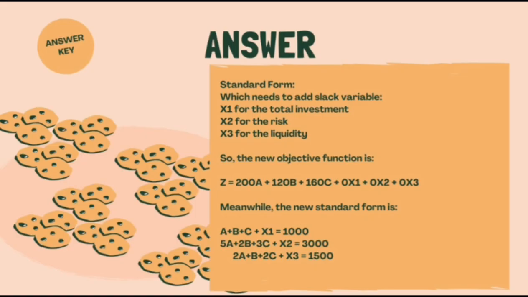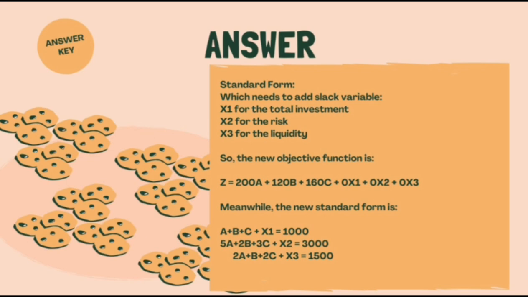For the next step, standard form, we need to add a slack variable for the total investment, for the risk, and for the liquidity. So the new objective function is Z equals 200A plus 120B plus 160C plus 0x1, 0x2 and plus 0x3.